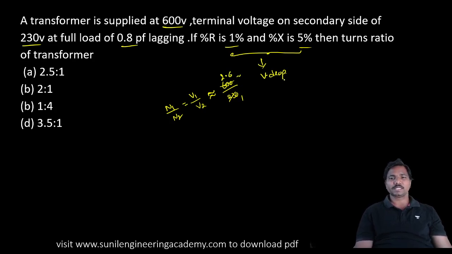Why? Because if you consider the drop, this value is less now. So approximately 2.5. No need to do this in detail, because the options are very far apart.